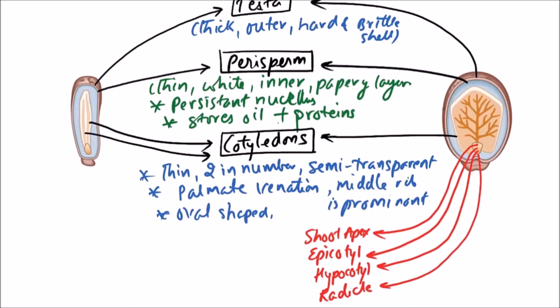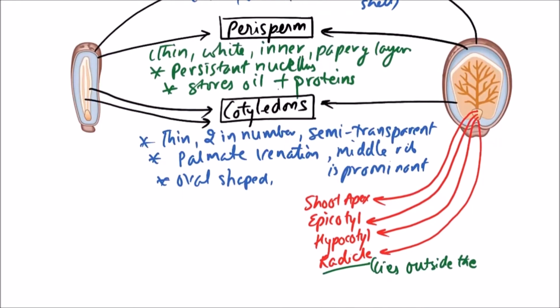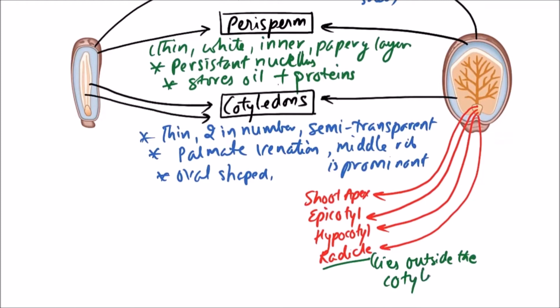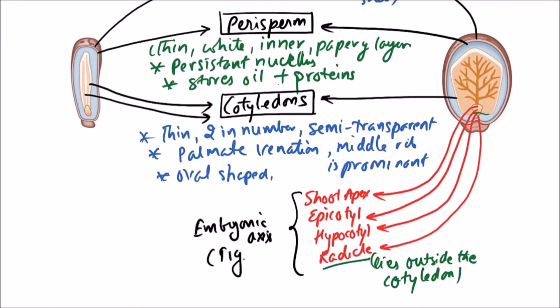Important thing is that the radicle lies outside the cotyledon. We can observe the cotyledon is this one, so it is lying outside the cotyledon. These all structures together constitute the embryonic axis, which is also known as tigellum.